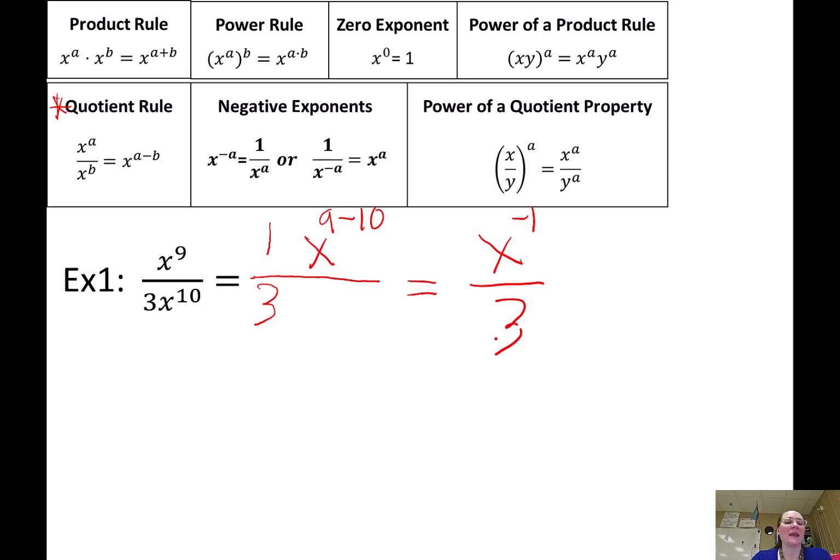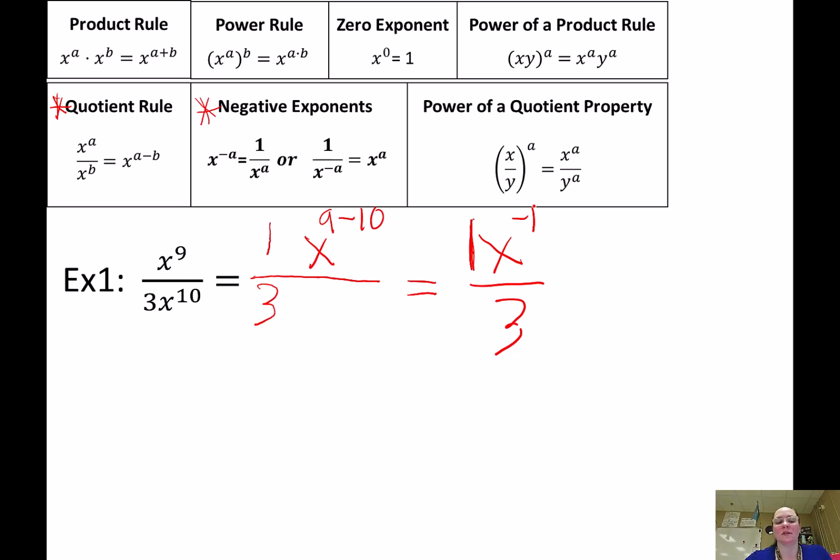Now, since I don't like having negative exponents, we can use our negative exponent property or rule. That just tells me if I have something with a negative exponent, I can move it to the denominator or numerator depending on where it's located.